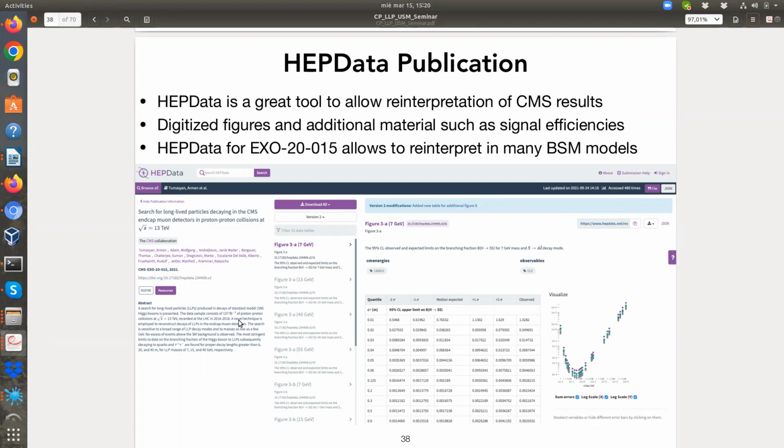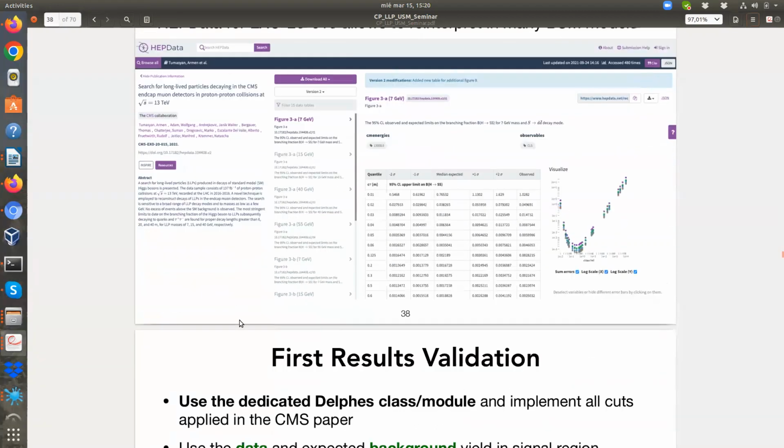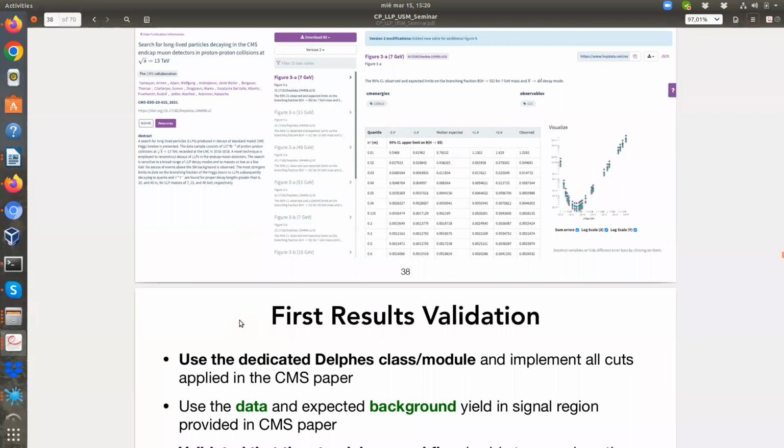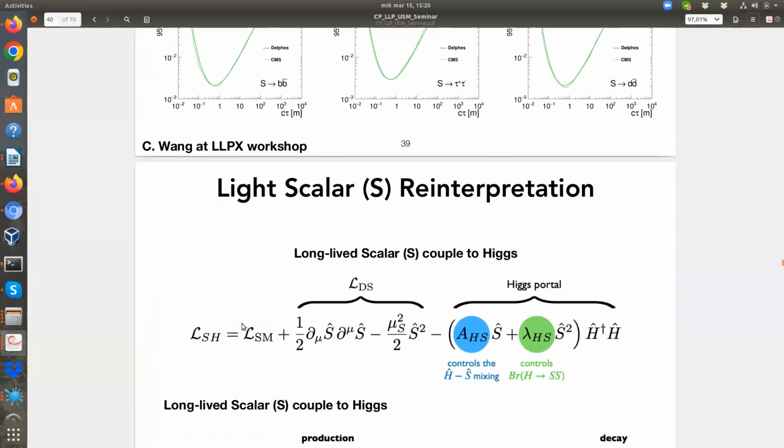Some of them are from around here: Juan Carlos Elo and Giovanna Catin took this input and interpreted it in a heavy neutral lepton model. The other one is Michele Papucci from Caltech, who was there before, so we had some connections, and he interpreted it in a wide variety of models that were not interpreted by CMS before. So with that, that's basically these few slides. I will skip that in light of time.